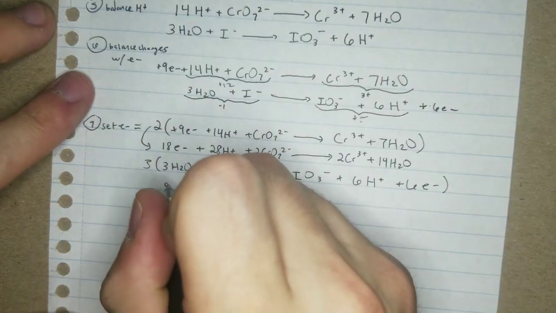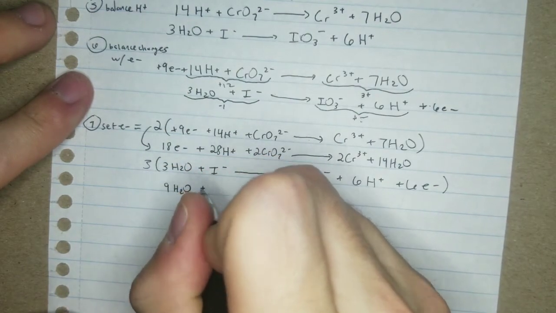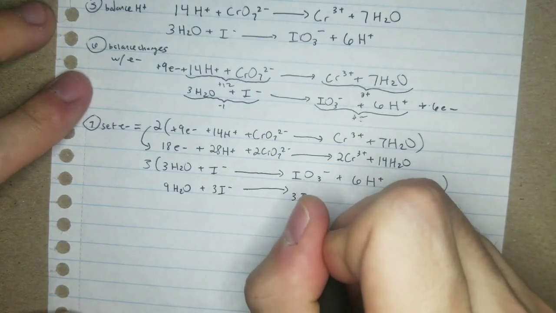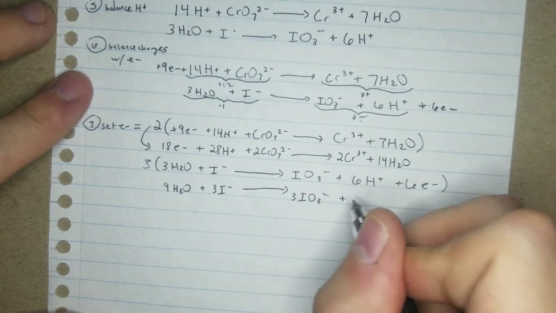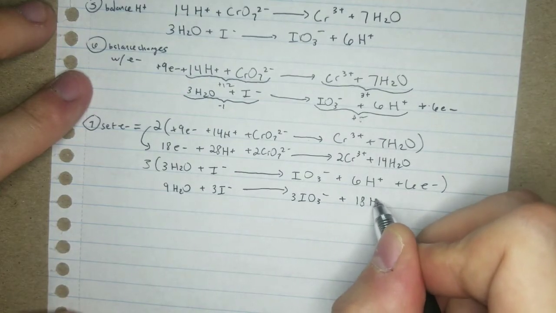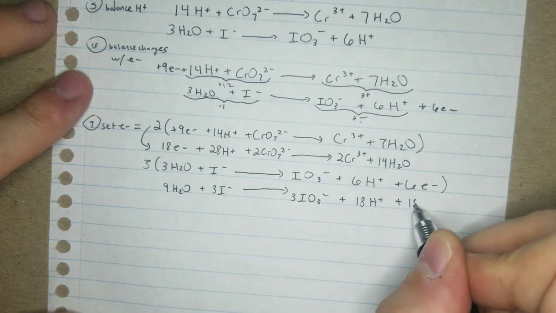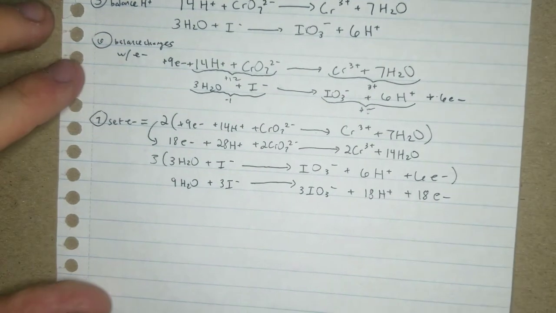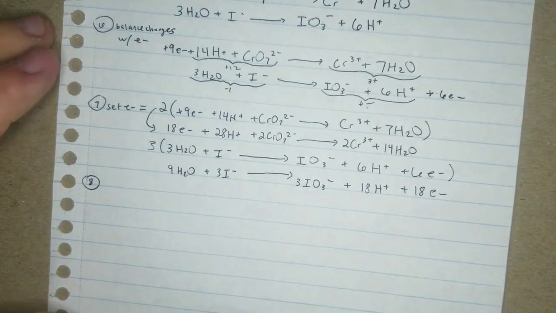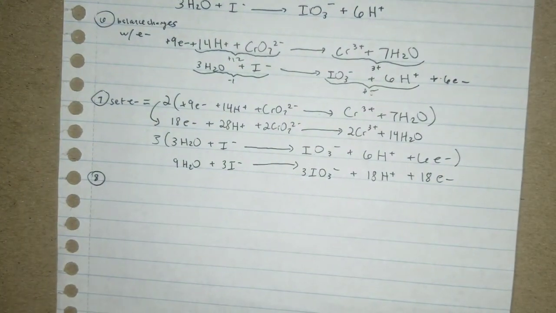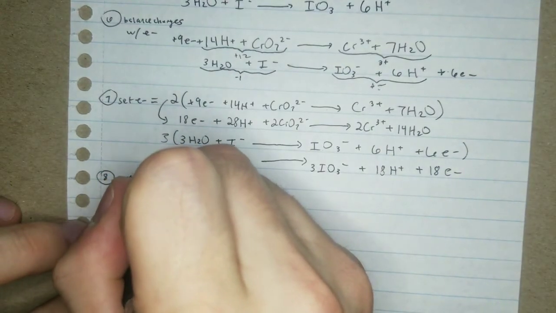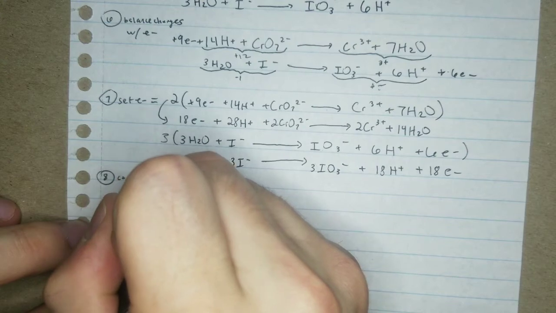So 3 by 3, now we have 9 waters, 3I-, 3IO3- plus, what do we have? 3 by 6, 18 hydrogen ions, and then 18 electrons. So now we're in a good spot to move down to step 8. We can balance and put these together, so we're going to compile these together, combine and reduce.